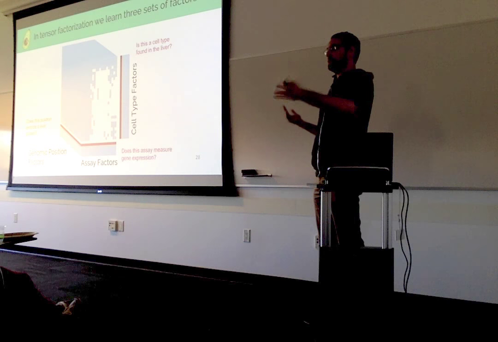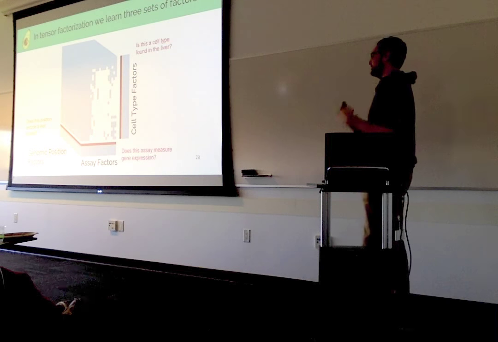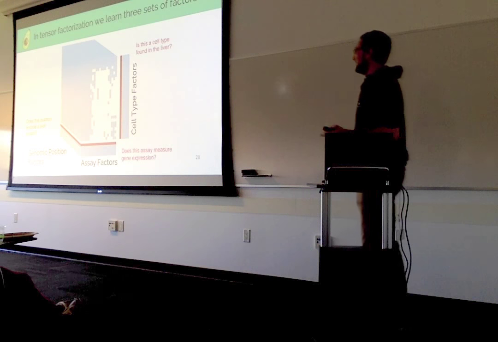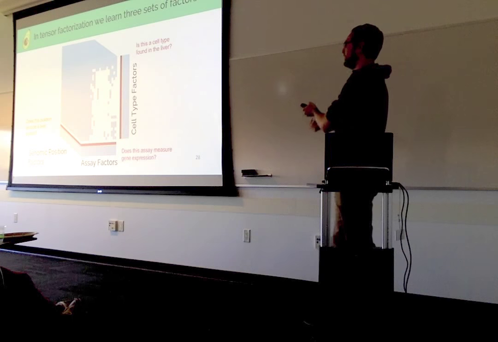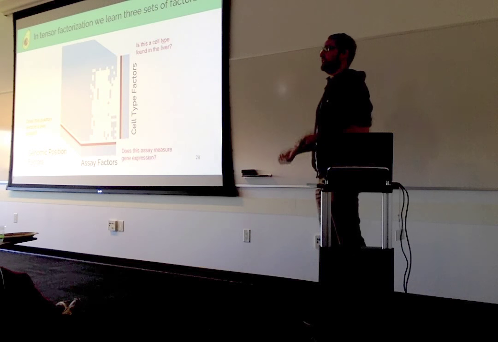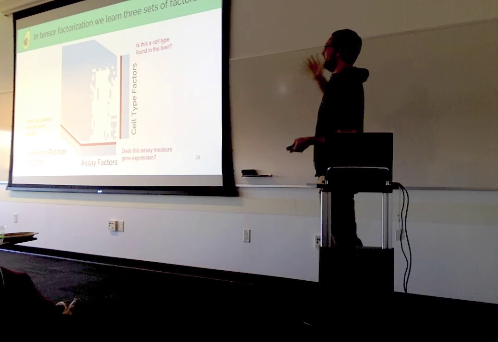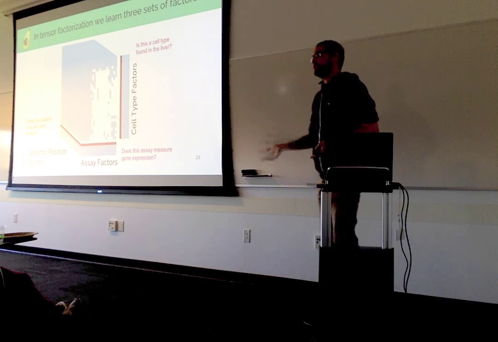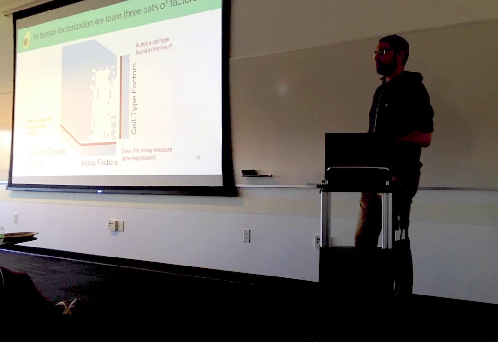Is this gene encoded liver protein at some regions of the genome? If your assay measures gene transcription or gene expression, and your cell type is a liver cell type, then you're likely to have a high value. But if any one of those is not true, for example, if it is a liver protein gene and it is a liver cell, but this assay doesn't measure gene expression, then you're likely to have a lower value. And that kind of makes sense.